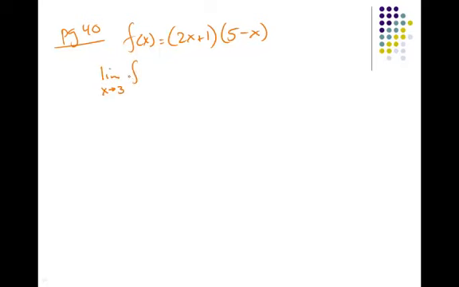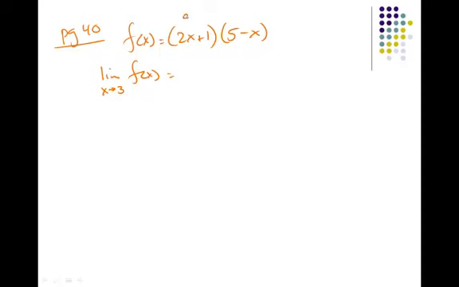Alright, so if you look at page 40, there is an example of two functions where f of x equals one function, 2x plus 1, times the function 5 minus x. And we want to find the limit as x approaches 3 of f of x.